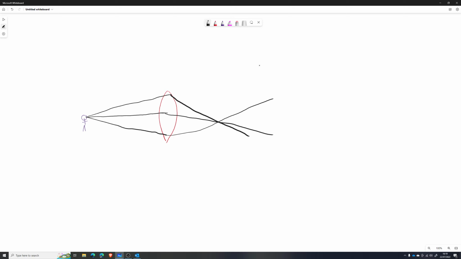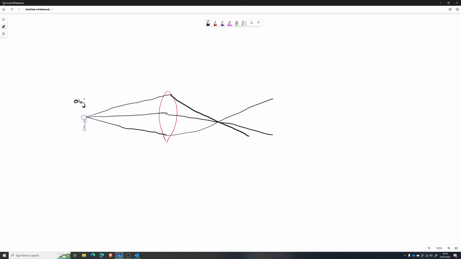And if I drew some other rays, for example, one that passed here, I would find that it would also obey that rule. So basically, all of the light from a given point on the object ends up passing through a common point on the other side of the lens. And that is where the image is formed.